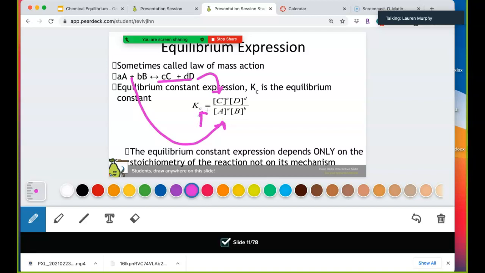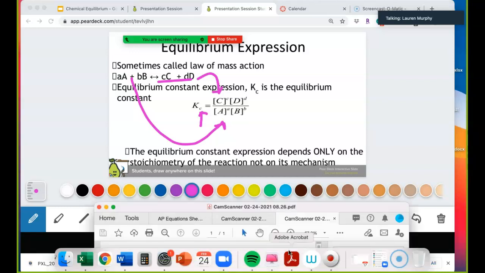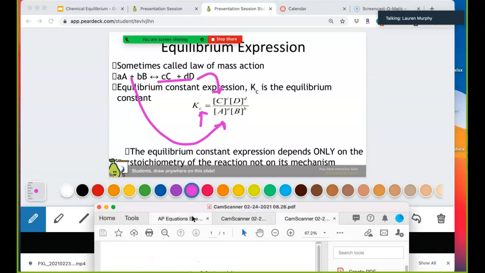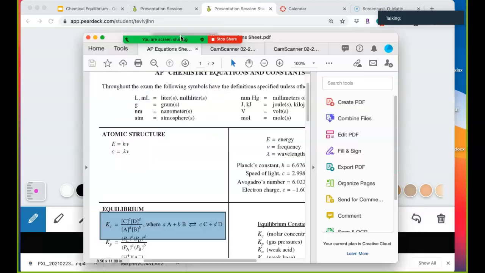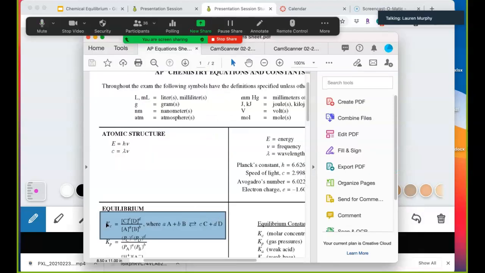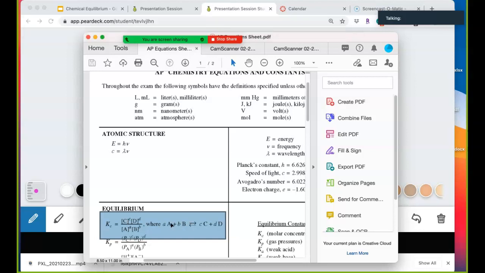They're just trying to be specific that you're plugging concentrations in here. And you don't have to memorize this, because if you have your equation sheets, you will see that it is right here. K equals products divided by reactants based on this generic equation. All right.